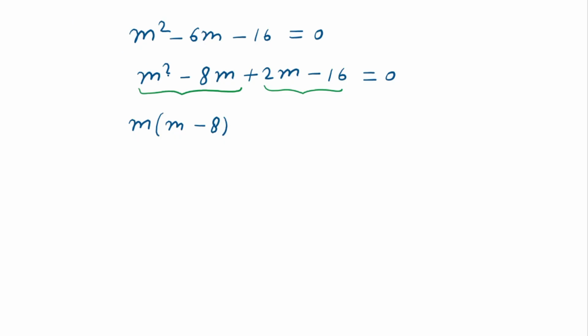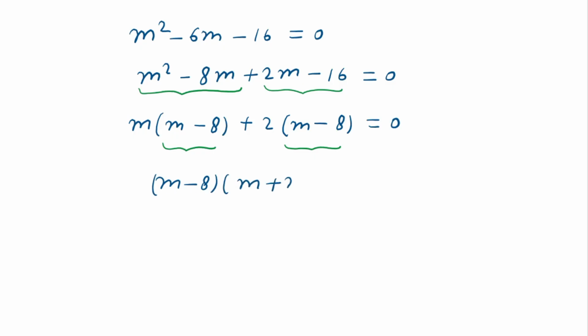If we take 2 common, then 2m/2 gives m, and −16/2 gives −8, and this is equal to 0. Now here m − 8 is common. If we take m − 8 common, then you will get (m − 8)(m + 2) = 0.